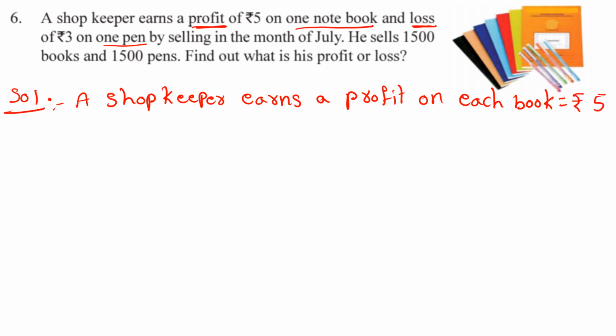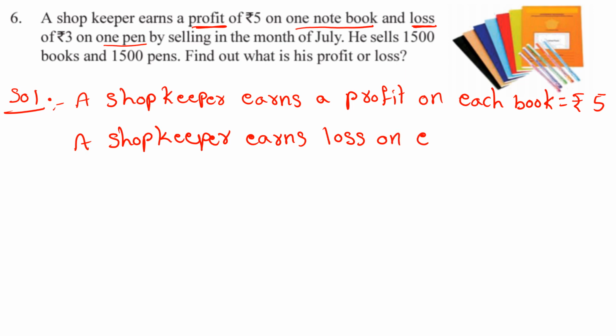Again write it there. A shopkeeper's loss on each pen is equal to minus 3 rupees. That is negative, right? So minus 3 rupees. Understand?